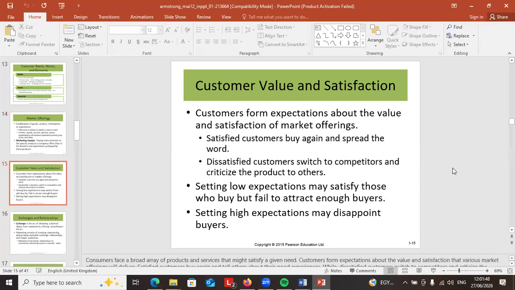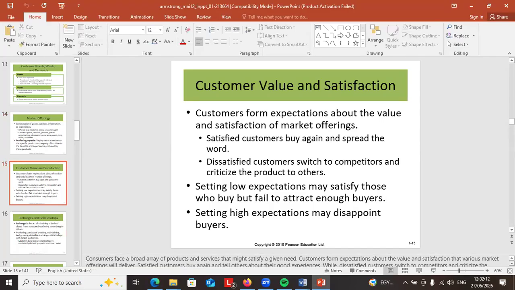Now, what then is customer value and satisfaction? Of course, consumers face a broad array of products that might satisfy a given need. And so customers form expectations about the value and satisfaction that various market offerings will deliver.